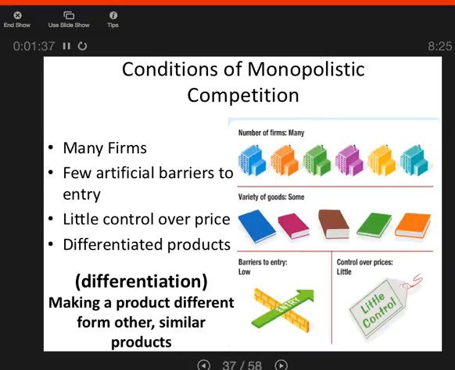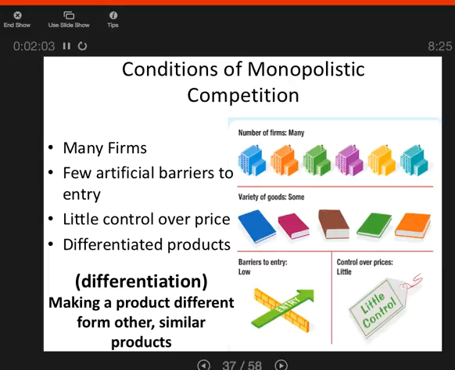So what are the characteristics of a monopolistic competition market structure? Well, you're going to have many firms. With perfect competition, you'll have lots of firms, but with this one, you have many. Variety of goods, there's some, they're not identical. Barriers to entry are still very low. It's not as difficult to get into one of these markets as it would be for others.